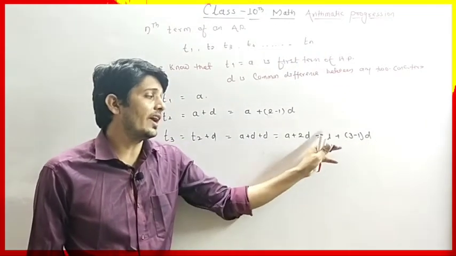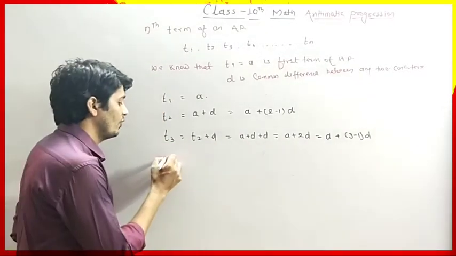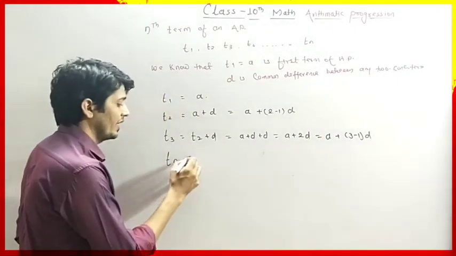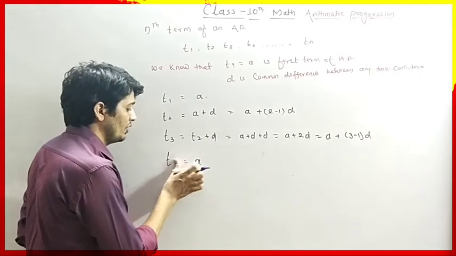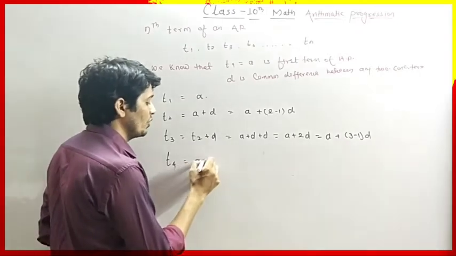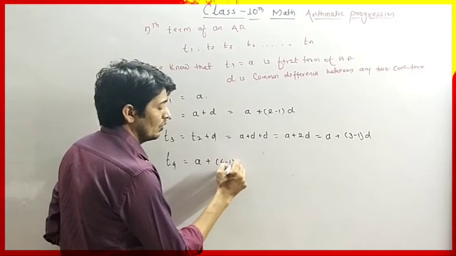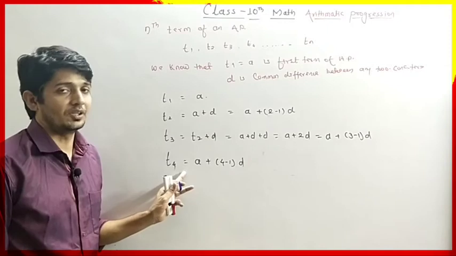Likewise for the fourth term, t4 equals a plus 4 minus 1 into d.